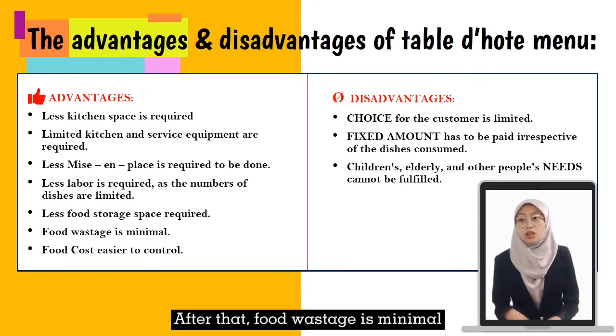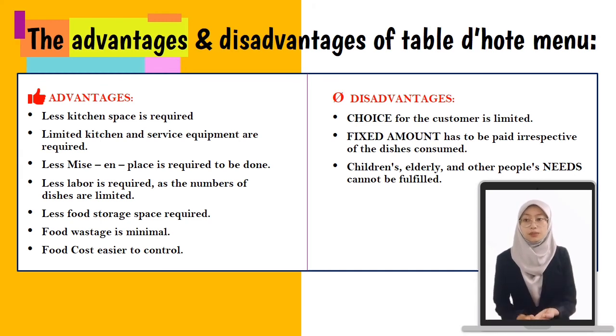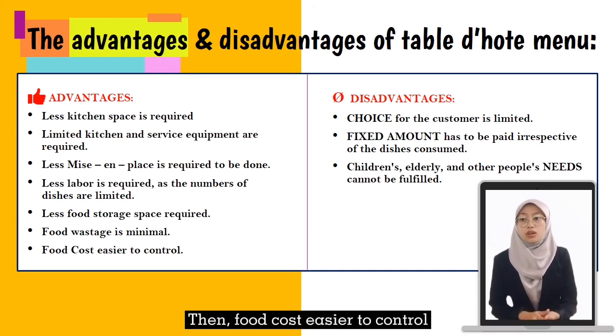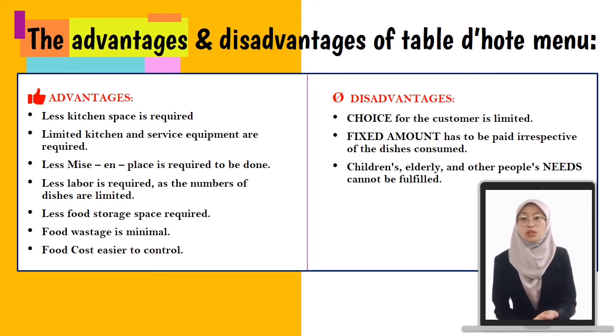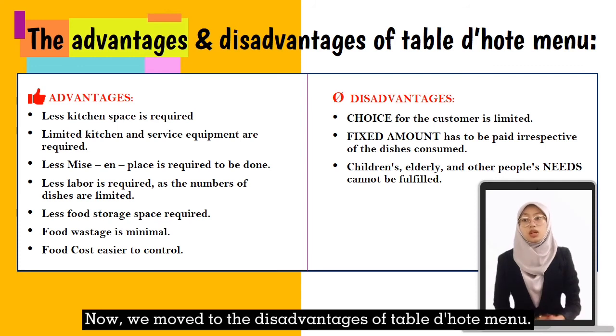After that, food wastage is minimal because the food wastage is kept under control. Then, the food cost is easier to control because the food costs are very simple to manage when we do the table d'hôte menu.